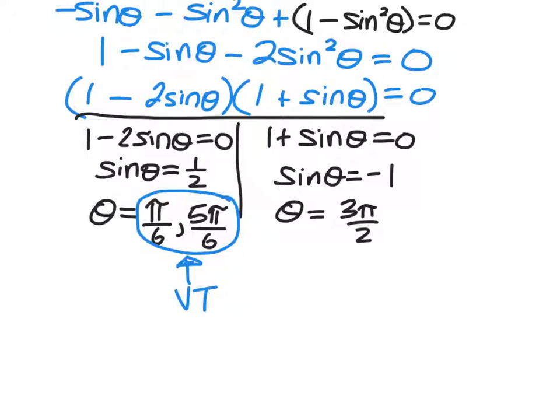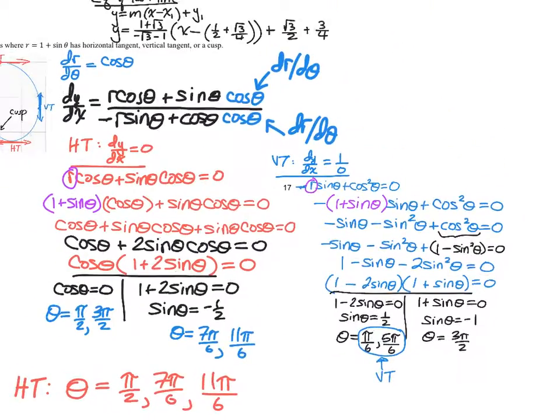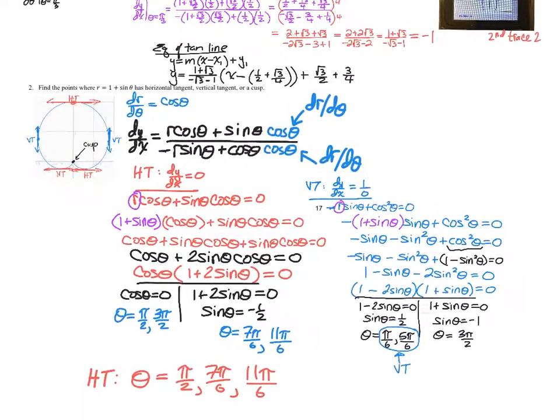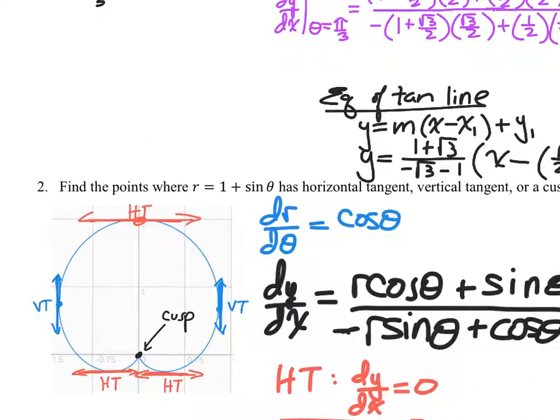Now, the directions. You're always going to want to be mindful of directions. I don't think you need me to tell you that. It says find the points where r equals blah blah blah, horizontal, vertical, tangent, all that stuff. But find the points. My way of thinking may be slightly inconsistent with other folks. I don't look at points as a synonym for coordinates.